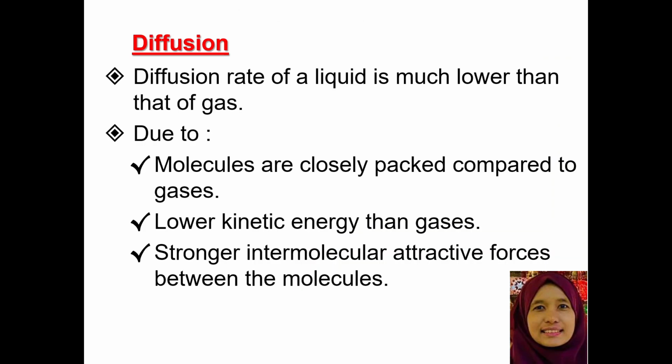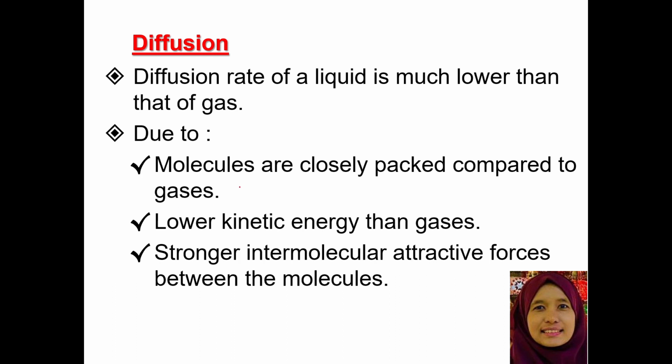Okay, and the last one is diffusion. So diffusion is the spreading between gas and liquid. The one where diffusion happens more easily is gas. So the diffusion rate of liquid is lower compared to gas because of kinetic energy and arrangement of molecules.